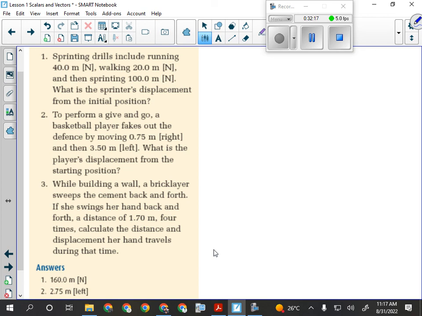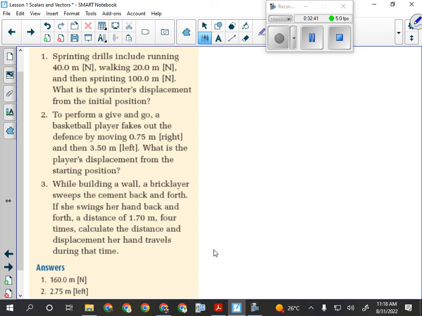But for someone like me who's played and coached basketball, I see that that person's pivot foot hasn't moved. And I assume, a bunch of times when I'm doing this question, that their displacement's 3.5 meters to the left because that foot didn't move. Their center did. Their center went from this position 0.75 meters over here, and then from this position, they went 3.5 meters to the left.